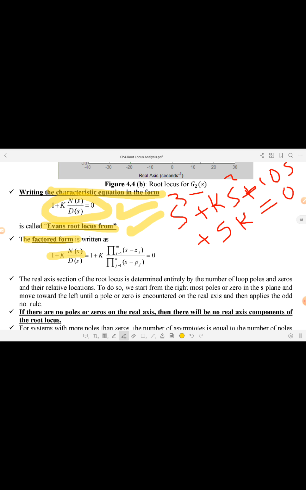This is the Evans root locus form, and after that we factorize the polynomial n of s to this and the polynomial d of s to this format, and in this way this equation will be ready for handling and drawing the root locus in this way.